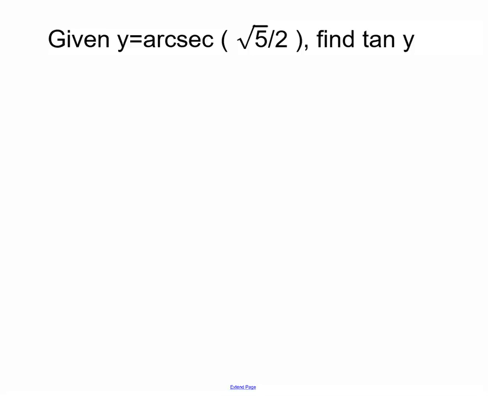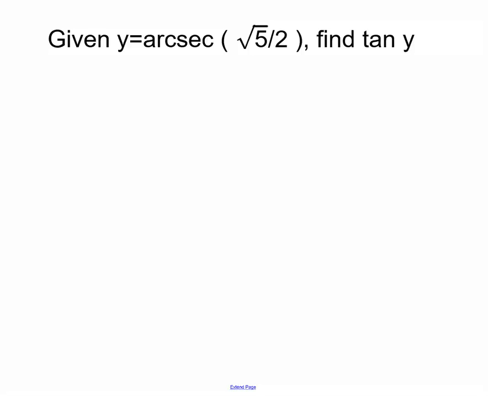So when you're looking at a problem like this, the first thing you need to recognize is what exactly our inverse functions tell us. Thinking back to pre-calculus, our inverse functions help us to find angles.